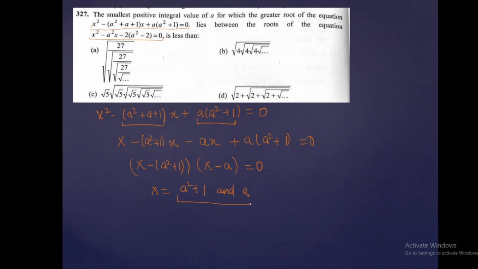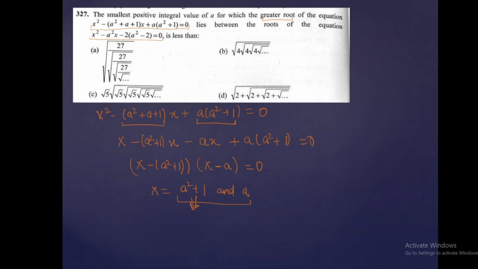So we have these two roots, and the greater root will be this one, because we are squaring a and adding one to it, right? So the greater root will be a² + 1.